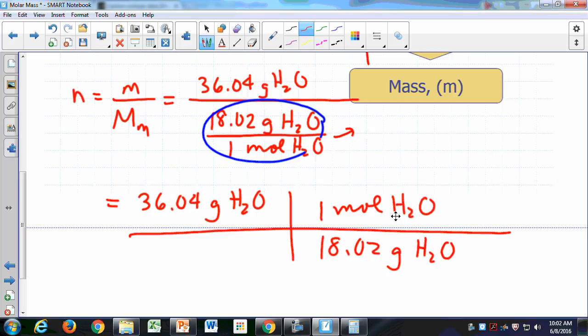Okay? So grams cancel out. So what's 36 divided by 18? 2.00. So this is going to be 2.00 moles of H2O.